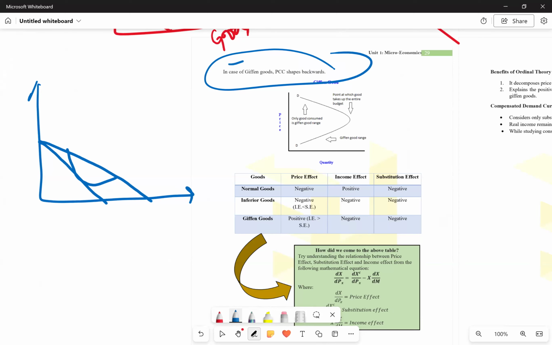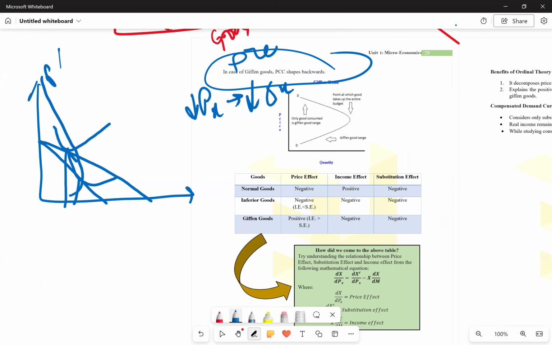There's a positive relationship. So if the price of X has fallen, it will lead to a fall in quantity of X. Graphically we'll show it like this. So in this case, the PCC curve would be backward sloping.